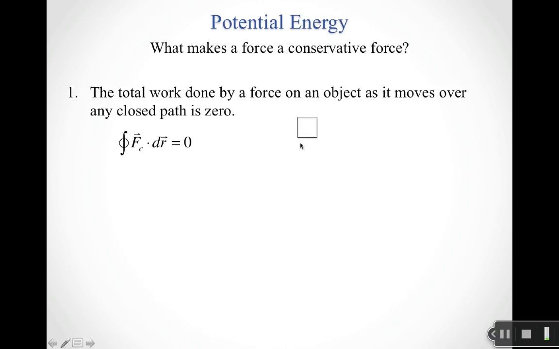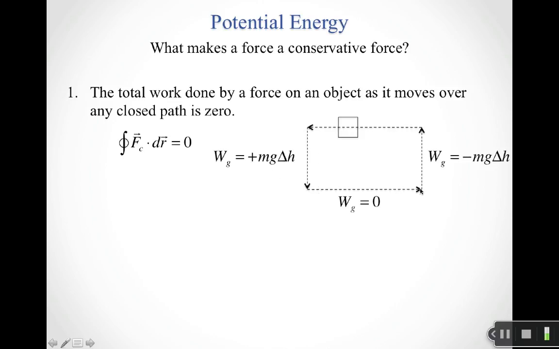As an example, let's say I took a box, and for this first picture, let's assume we're looking at the box from the side, and I'm lifting it up so that gravity can act on it. If I let the box fall, gravity will do some positive work. Then if I move it to the side, there's no work done.